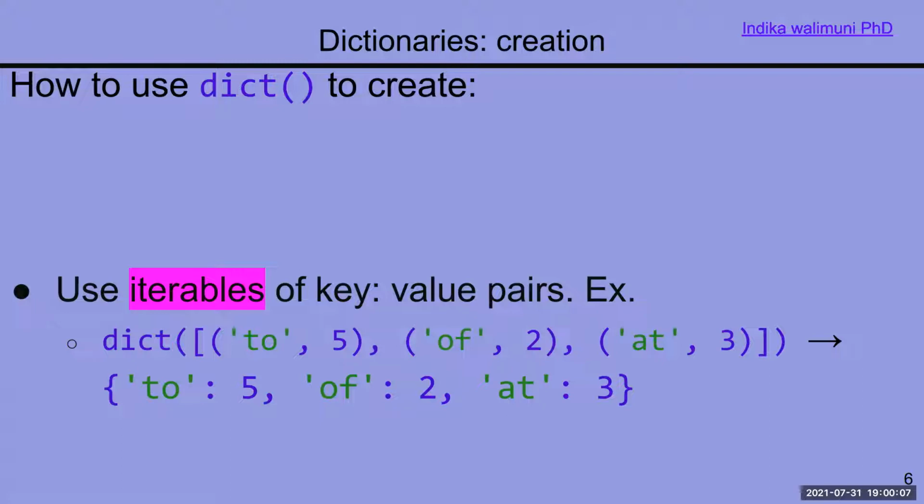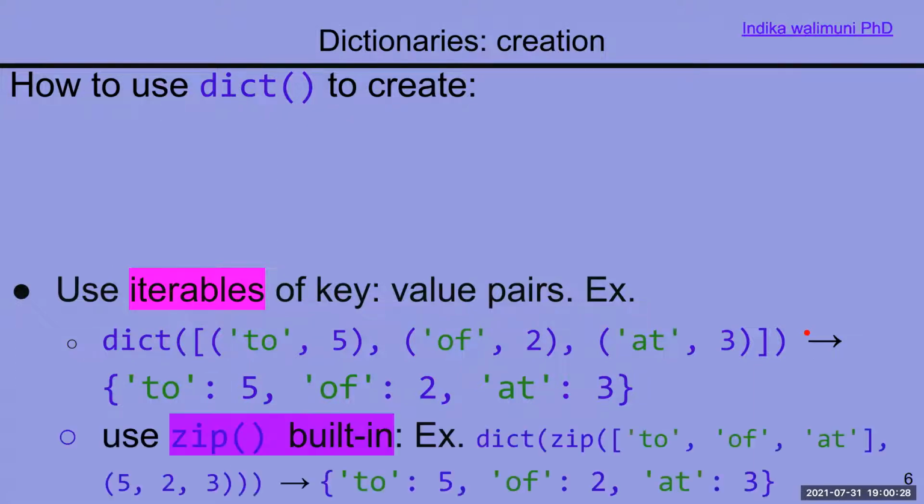So this whole thing is an iterable of key value pairs, and I'll get the same dictionary. Again, guys, I'm using this as the return word for return.